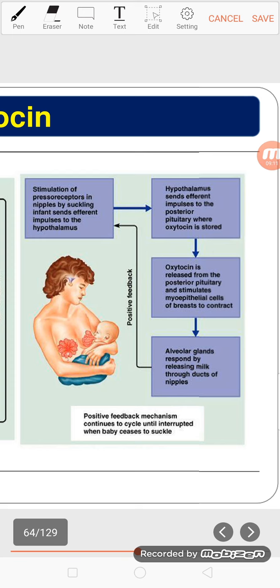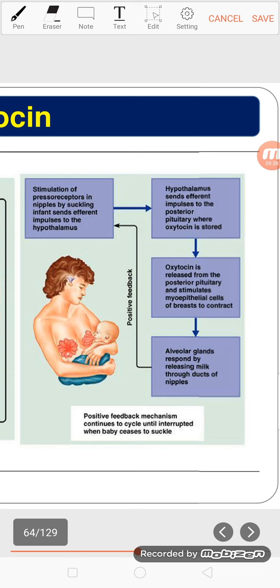Oxytocin travels into the blood and then arrives at the mammary gland region. It will stimulate the myoepithelial cells of the breast to contract. When the myoepithelial cells contract, it will cause the alveolar gland to release the milk through the nipples.